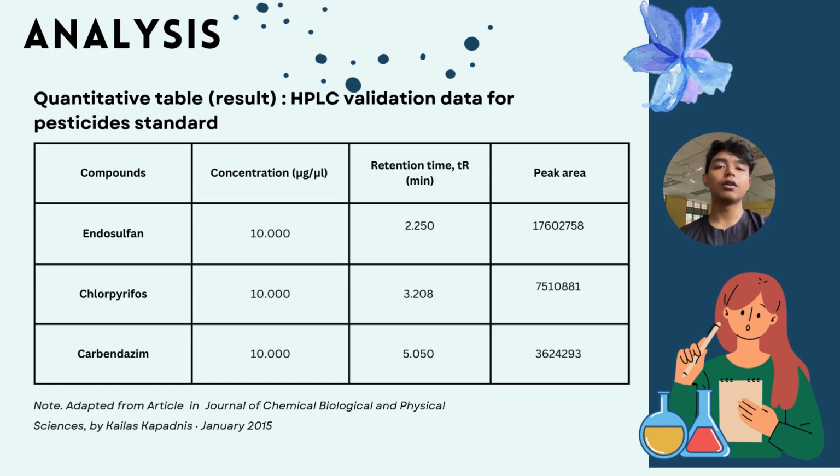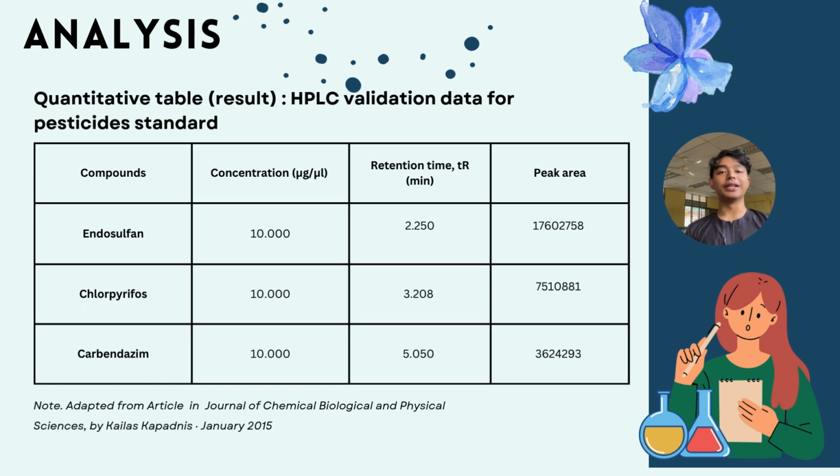Next, we go to the chlorpyrifos. Similar to the endosulfan, the concentration was the same, 10 microgram, and its retention time was slightly longer, about 3.208 minutes, but the peak area was 7,510,881, showing a distinct and measurable presence.